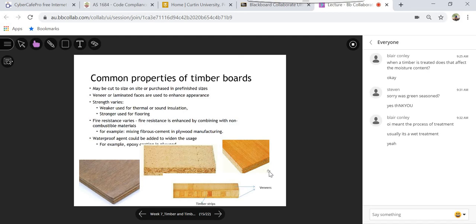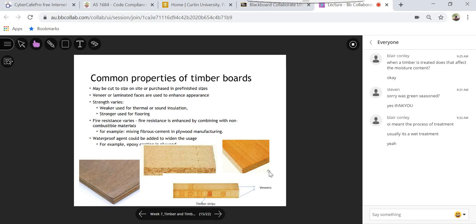But if it is stronger, we can use them for certain types of load bearing application like flooring. It doesn't bear too much load, but still it has to bear the load on top of the wall for a small area. So for that kind of application, we use these stronger boards.